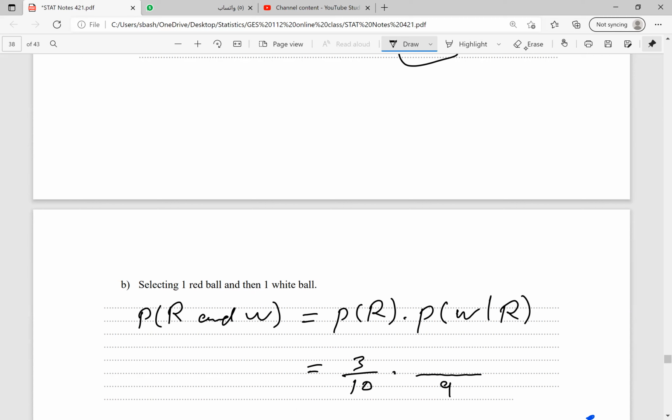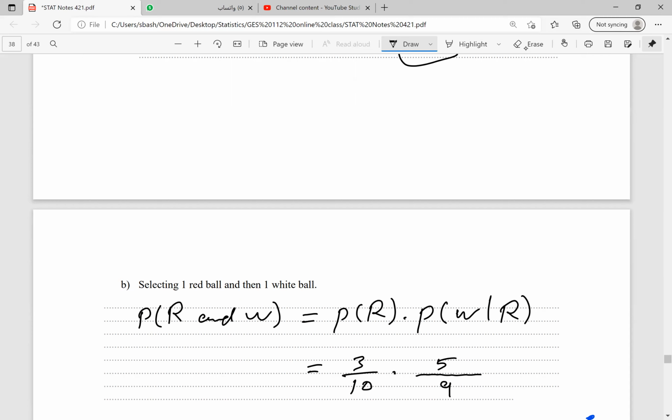And the white balls, we have 5. So the probability of white after we choose red is 5 out of 9, not out of 10, because we removed 1 ball.